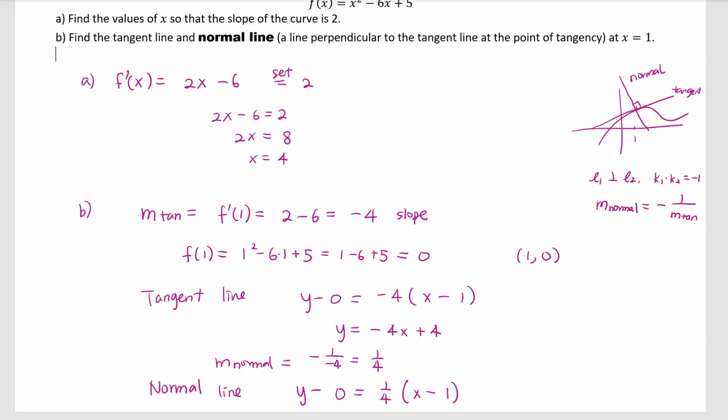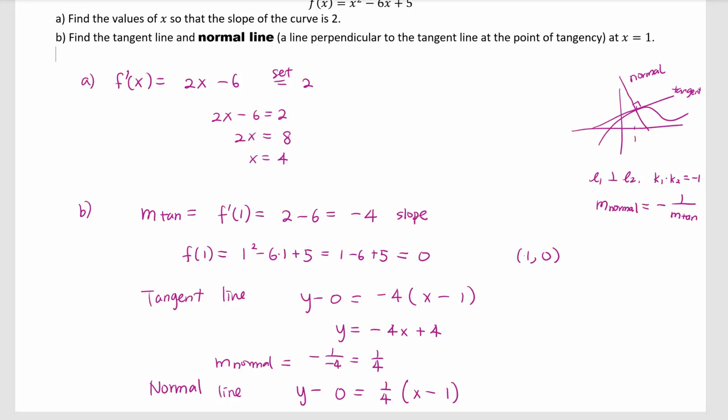The second direction is I give you the x value and ask you to find the tangent line and normal line. Then you need to find the derivative and plug in the x value to find the slope. That slope is the slope of the tangent line. You also need the point. How do you find the y coordinate of the point? You plug your x into the function f.